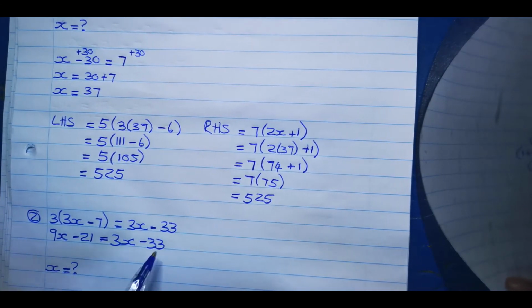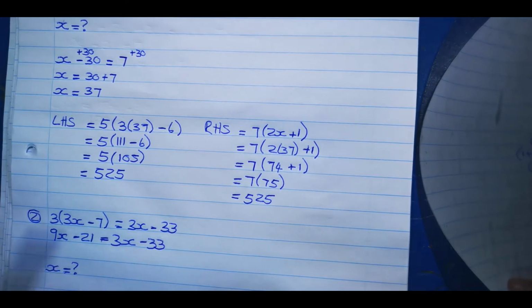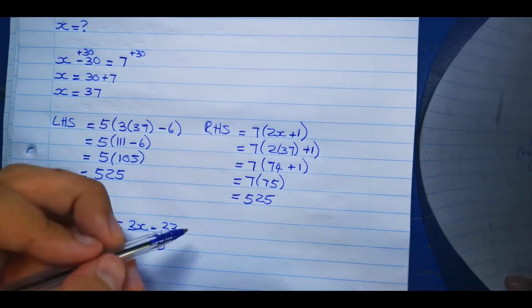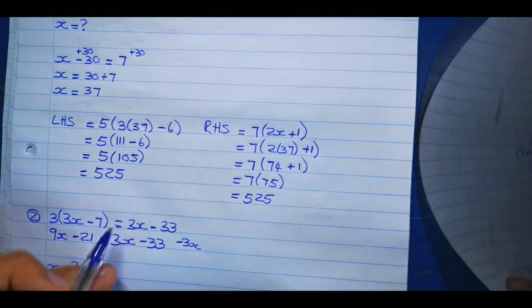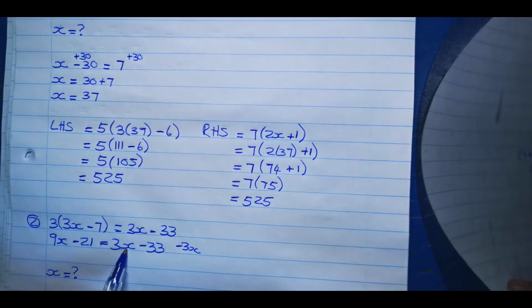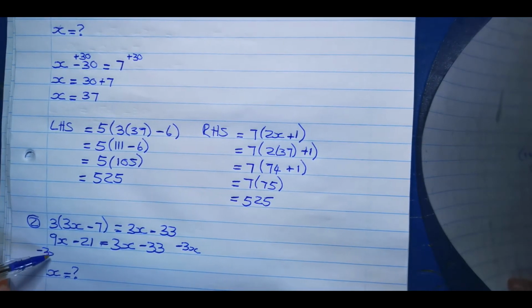So we can do any operation on the left, but we also have to do it on the right. Or we can do any operation on the right, but then we also have to do it on the left. So what I'm going to do is subtract 3x on the right side to get rid of that 3x, but then I also have to do it on the left side, so minus 3x.